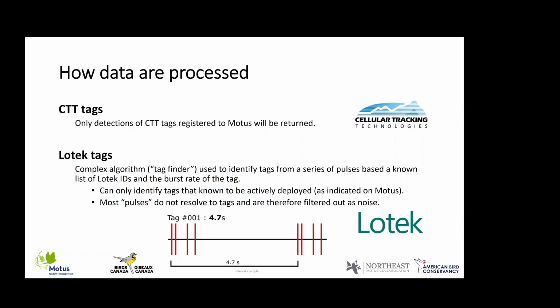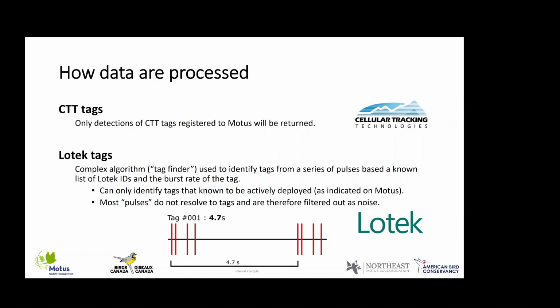Low-tech tag data, on the other hand, doesn't give us tag IDs in the raw data. Instead, it's just a timestamp for basically a radio pulse, and in order to get a tag ID, you need 4 of these radio pulses in a row that match up to a known signature for a low-tech tag. And then you need to get another 4 pulses in a row to get the Motus tag ID.